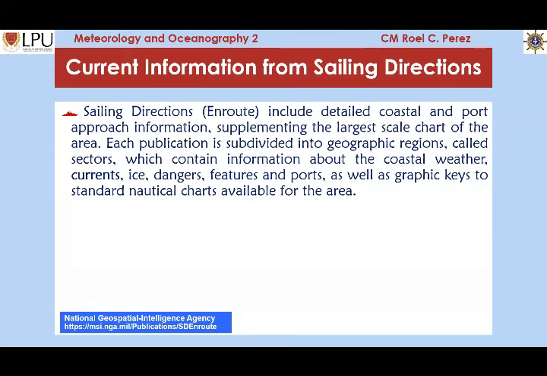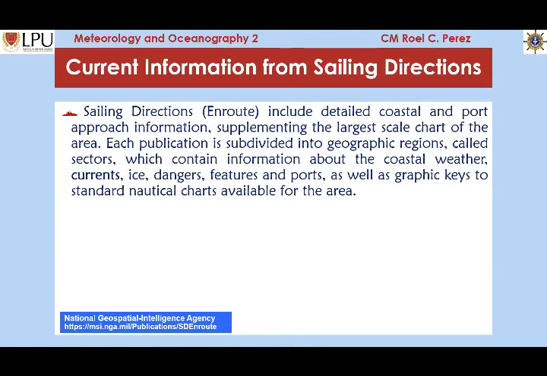So the sailing directions include detailed coastal and port approach information, supplementing the largest scale charts of the area. Each publication is subdivided into geographic regions called sectors, which contain information about the coastal weather, currents, ice, dangers, features, and ports, as well as graphic keys to standard nautical charts available for the area.